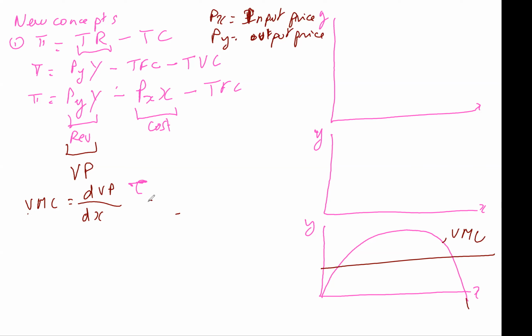So the value marginal product is going to be PY times the marginal physical product. Oops, I only have 10 minutes left.